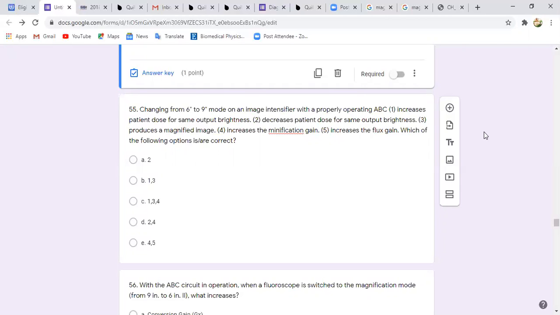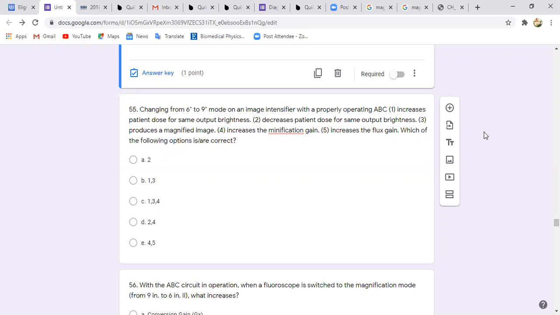Oh well, I've somehow given a clue to one of the answers. So what do we have here?